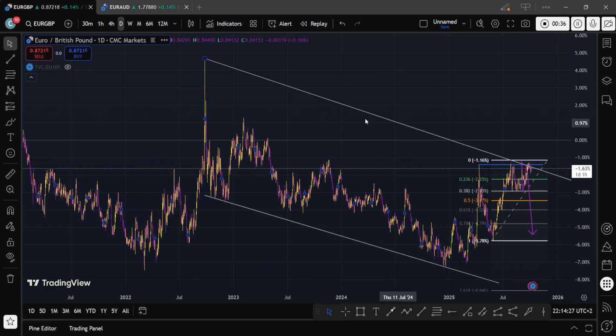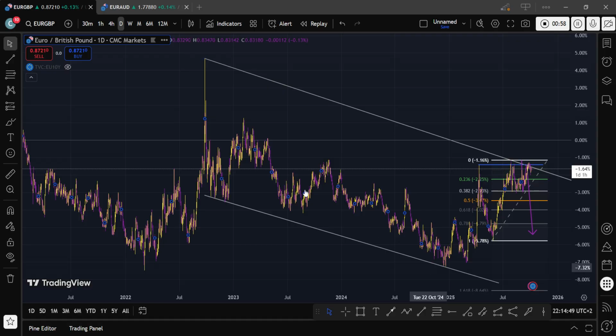primary trend line, or what I call the weekly time frame trend lines, or the weekly time frame channel, or just a primary channel. When I say the weekly time frame, this is the daily. I'm talking about the main channel.